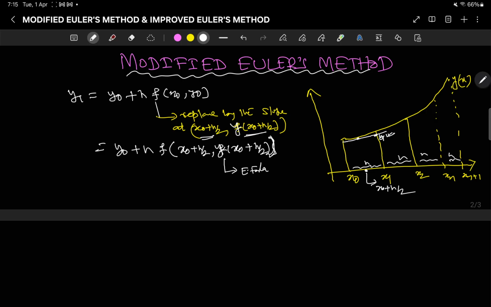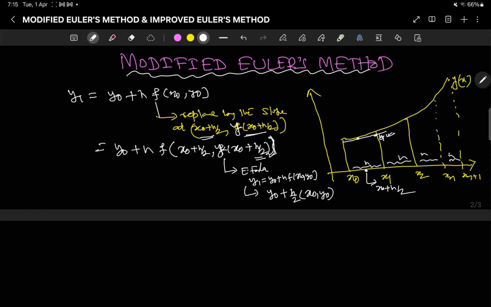Now in view of the Euler's formula, as you know, y1 is y0 plus hf(x0, y0). But here we are taking h by 2. So this will be modified as y0 plus h by 2 f(x0, y0).